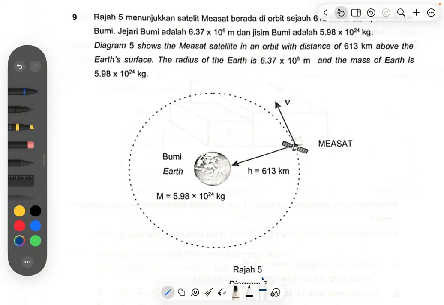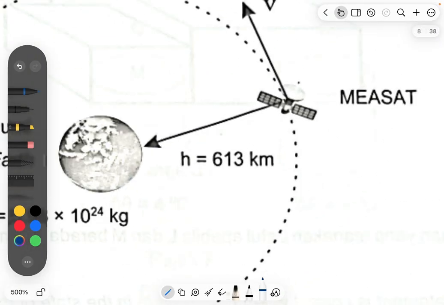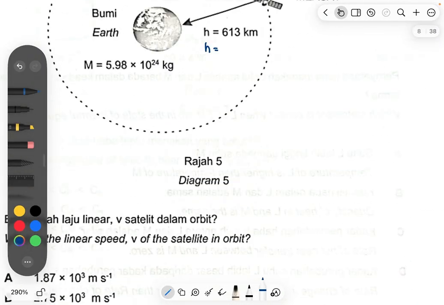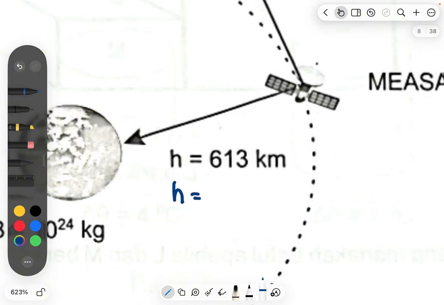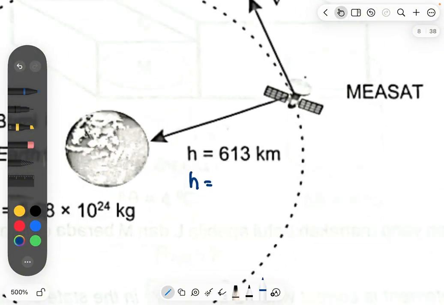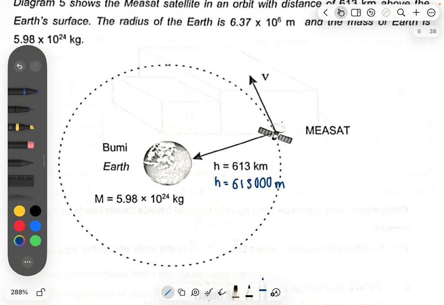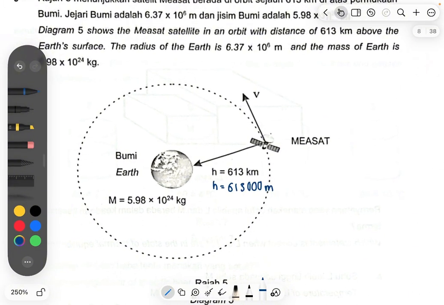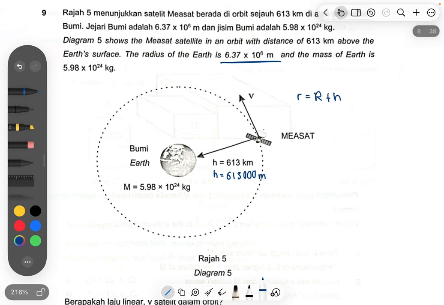Diagram 5 shows the MEASAT satellite in an orbit with distance 613 kilometers. Do they give kilometers or meters? Okay, so change first to meters. So kilometers to meters, times 1000. So you get 613,000 meters. The radius of the Earth. Okay, so in this case, R is equal to big R plus H. And the mass of Earth.